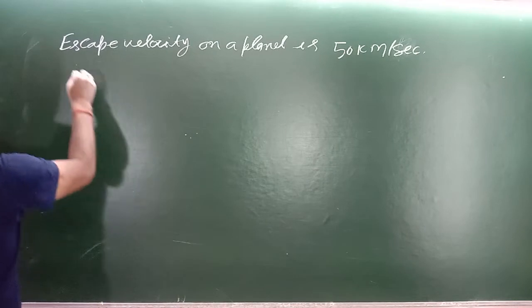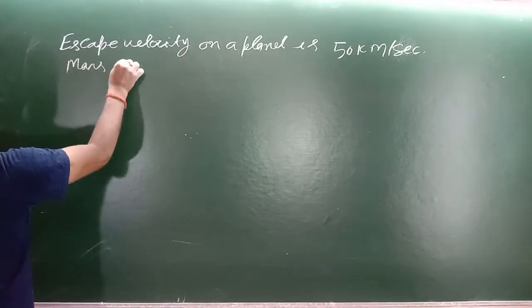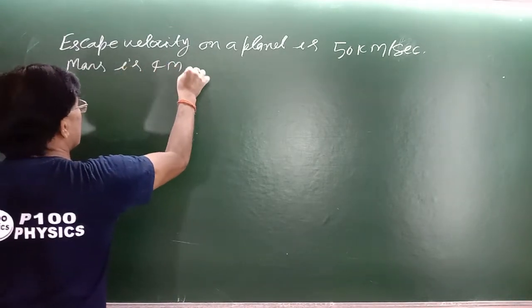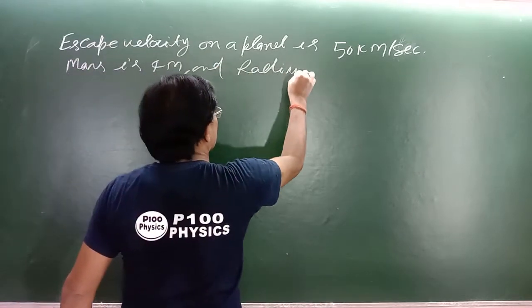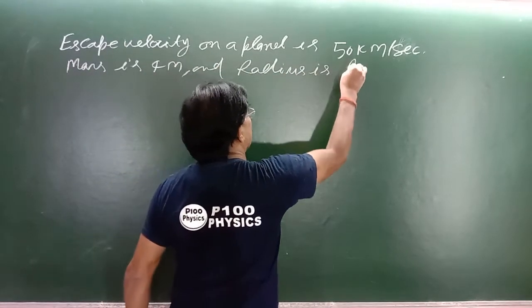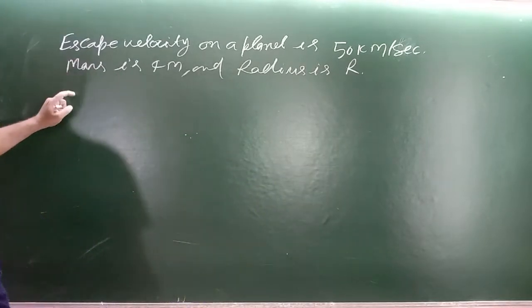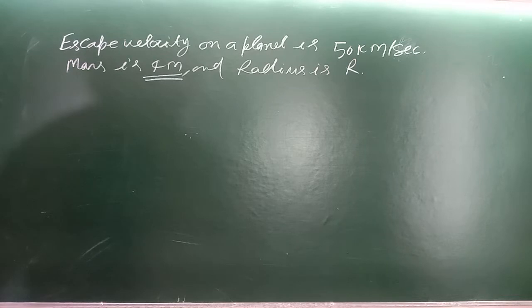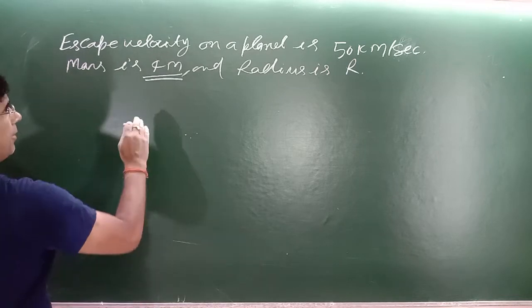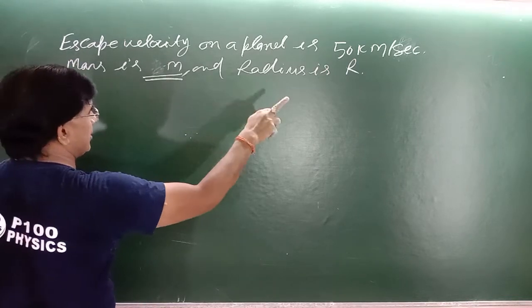Mass of the planet is 4m and radius is r. Okay, mass is m and radius is r.